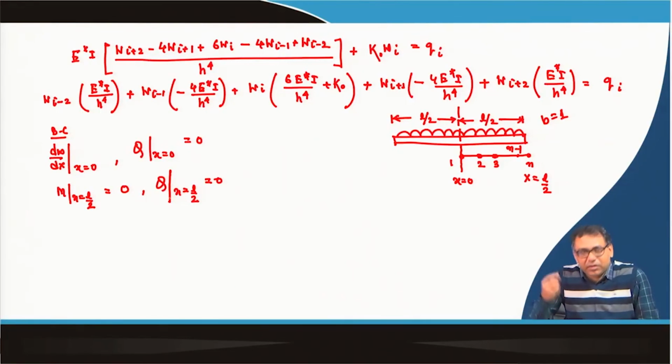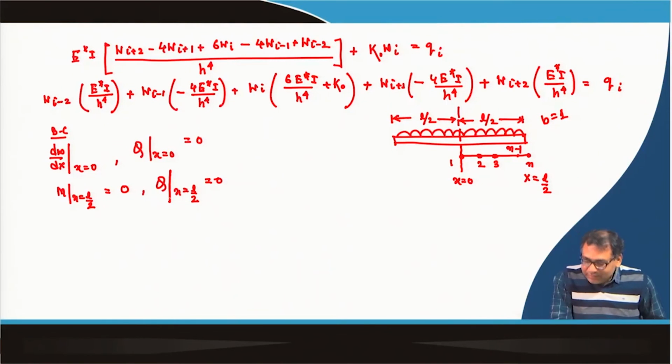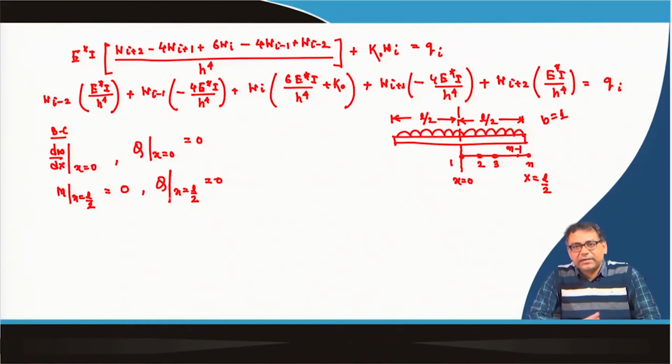Similarly, for a hinged beam or a fixed end beam, you have to apply the boundary conditions I discussed during the semi infinite beam. But here it is a free end beam, so at x equal to L by 2 the bending moment is 0 and the shear force is also 0. In the next class I will discuss how I can apply these boundary conditions to solve this particular problem. These boundary conditions are valid for this problem where the beam is of finite length and it is a free end beam.